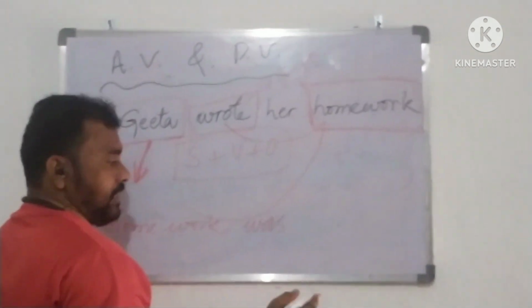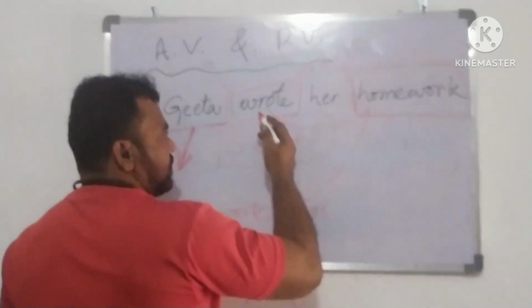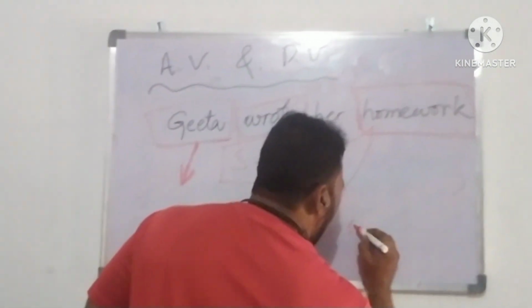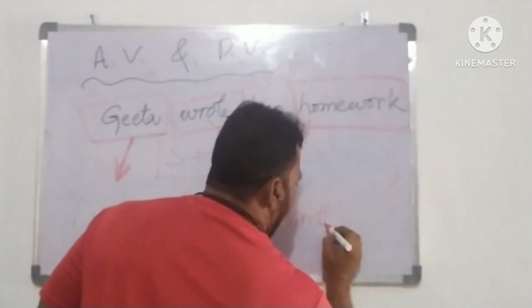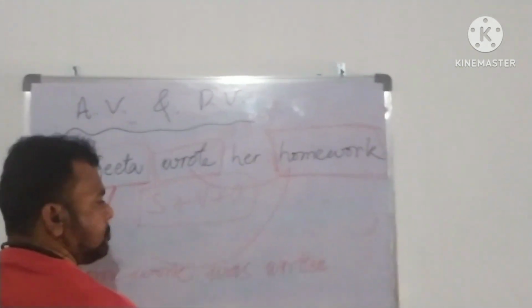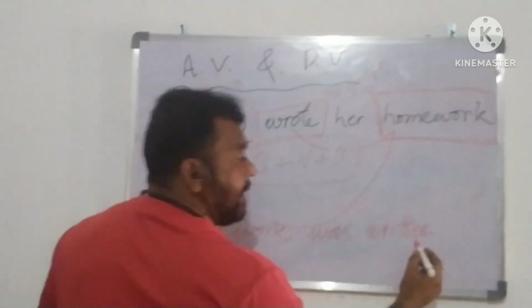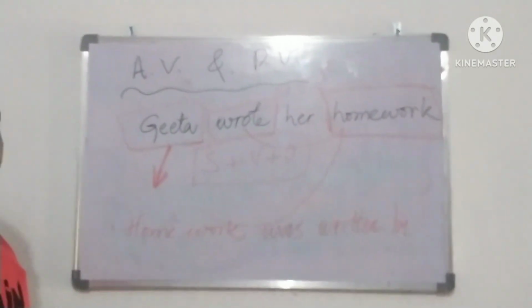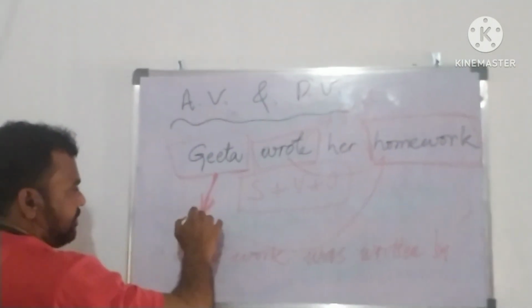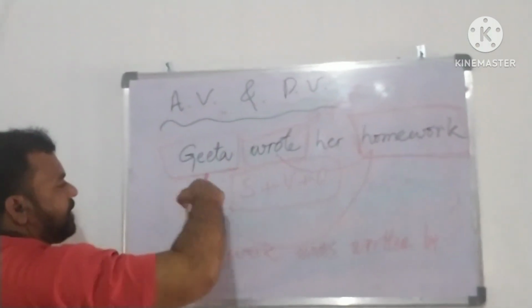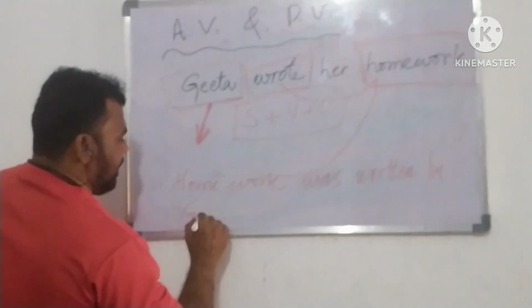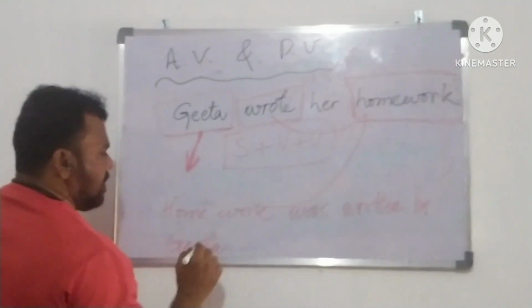B3, the past participle, has to be used over here. Write, wrote, written. So here, homework was written by. A preposition called by has to be used over there. After that, the subject which is in the active voice becomes the object in passive voice.